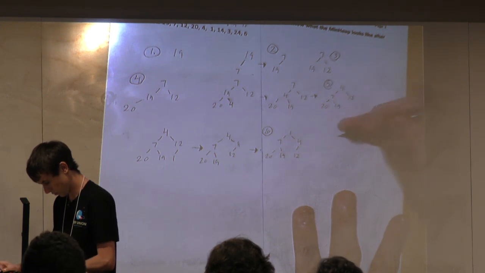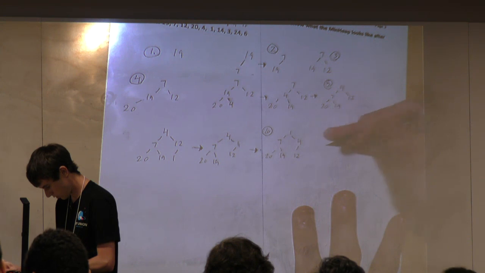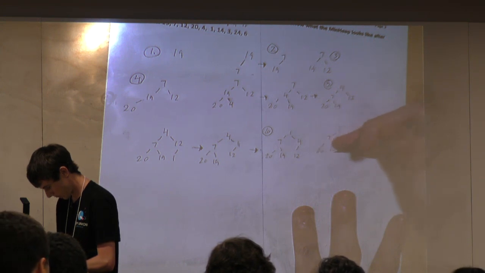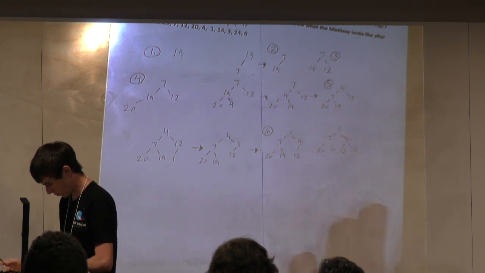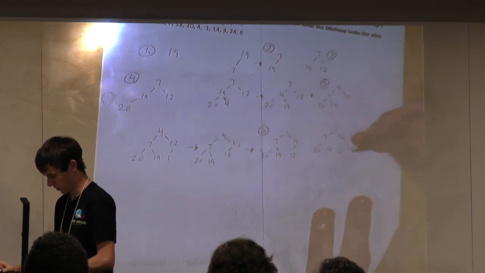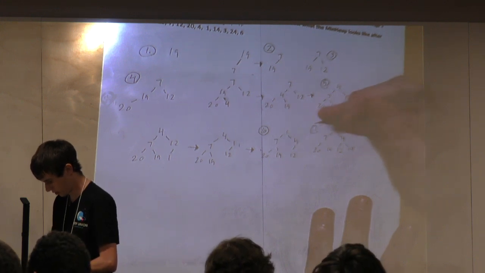So at this point, we're inserting our 14. So we'll do our checks. Everything from the 4 is smaller than our 14, so we are good. We will leave that there.